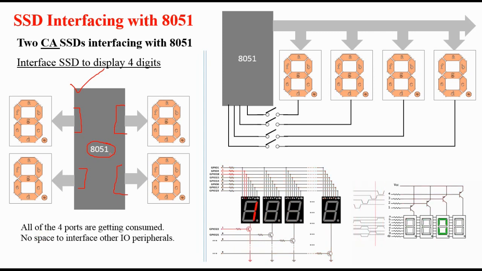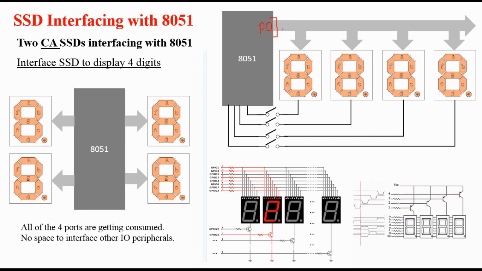So there is another way to connect all those 7 segment displays, and that way is multiplexing. Basically we will connect all of those 4 displays shown over here to a single data line. Let us suppose we have used port P0 of the 8051 microcontroller.